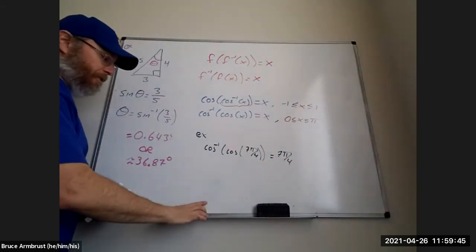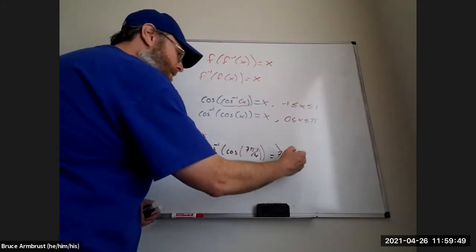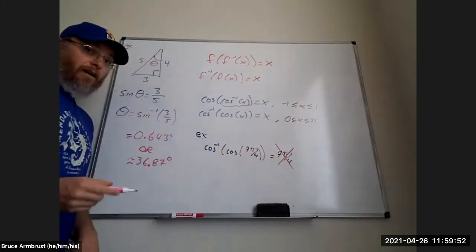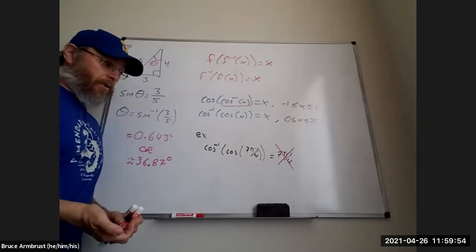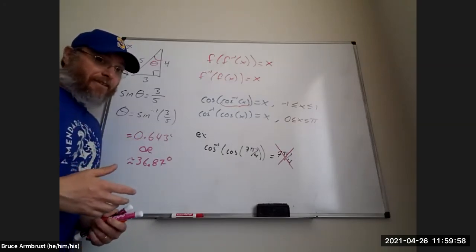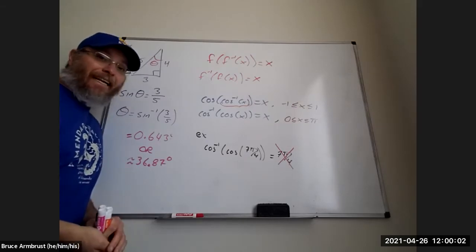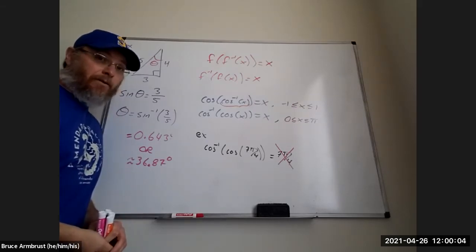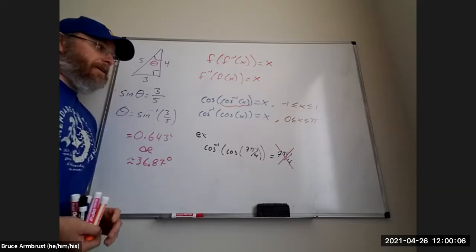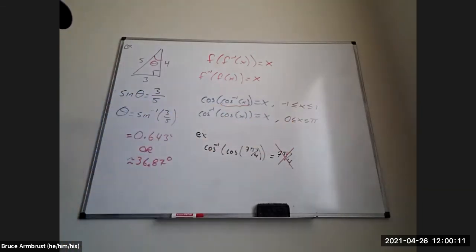Like I said, you might be tempted to do that, but do not do that. Because that is wrong. It is not 7 pi over 4. Even if you were to punch this into your calculator, putting cosine inverse and cosine of 7 pi over 4, it is not going to answer 7 pi over 4. And that's because 7 pi over 4 is not in the interval 0 to pi.